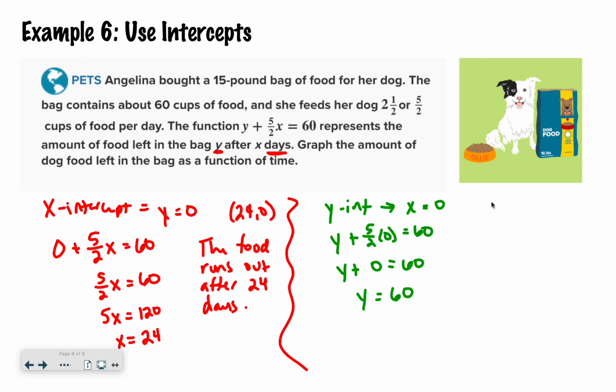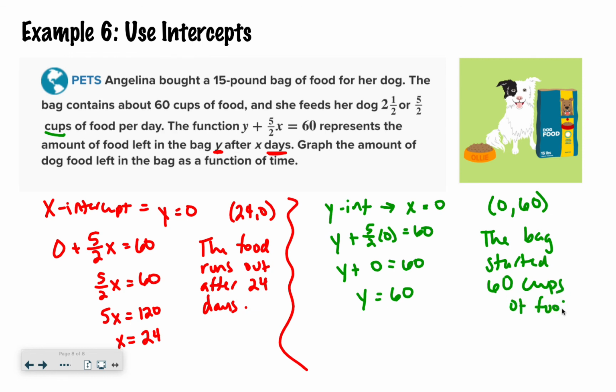So my ordered pair would be (0, 60). x represents the days, y represents the amount of food left. So this means that the bag started with 60 cups of food. Okay, and then you would plot a point at (0, 60) and connect those two points. That's how you would graph it.